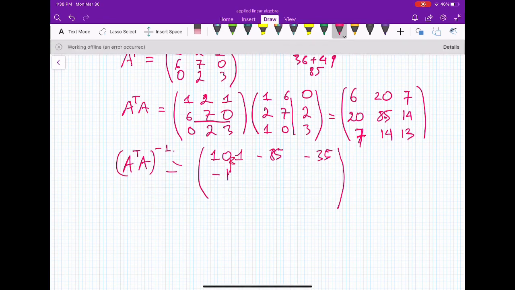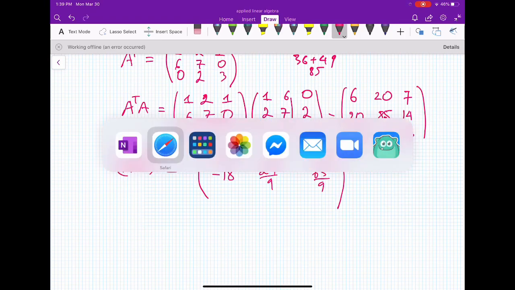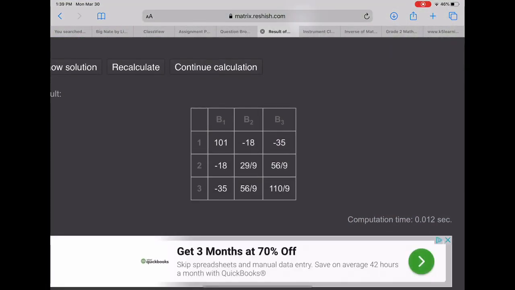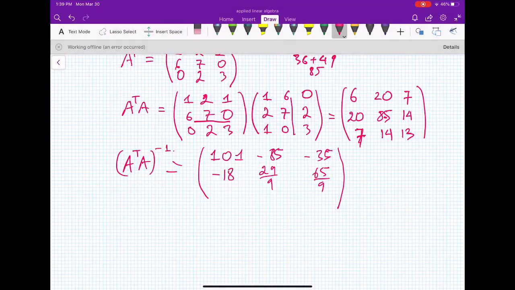Negative 18. Oh my goodness. Sorry. Negative 18, 29 over 9, and 65 over 9. So since this matrix should be symmetric, I guess I have negative 35 in here and then 110 over 9. Okay, so I have 110 over 9. I have 65 over 9 right here, and I have negative 35 right here.